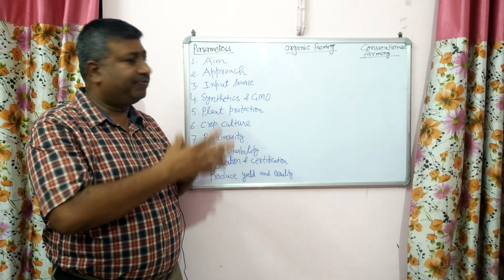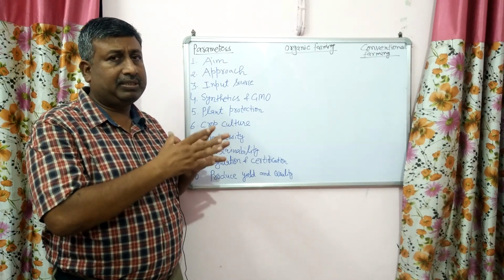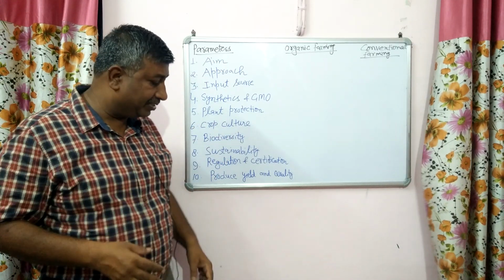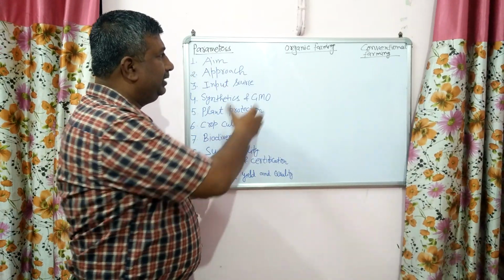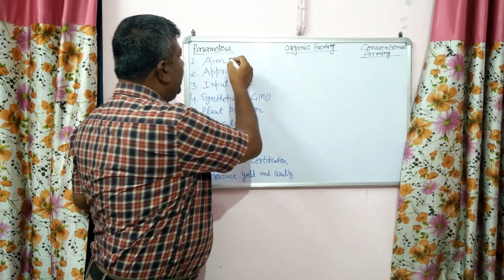Then what are the differences between organic and conventional? This lecture is based on these key differences. So these are the parameters and this is the difference. What is the aim?